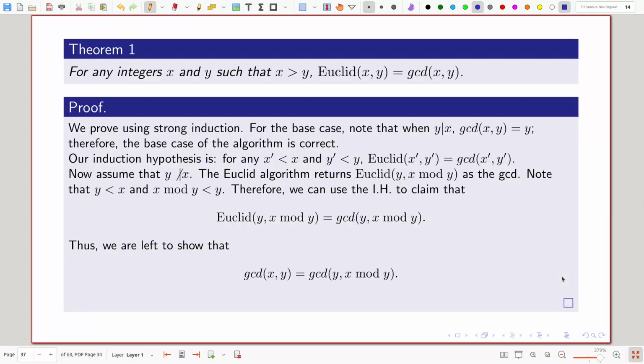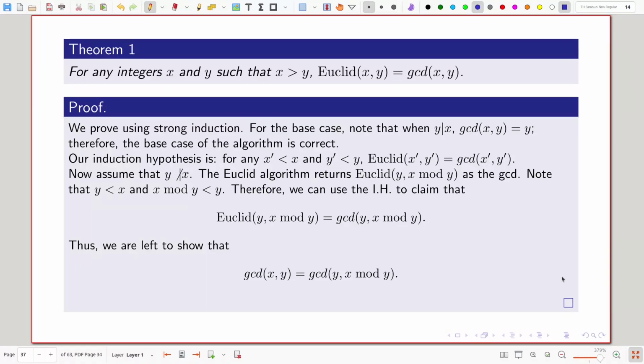Okay, and you can prove that if x is larger than y, Euclid(x, y) is going to be equal to GCD(x, y). I'm going to prove that really quickly. First of all, if y divides x, then GCD of x, y will be y. So in the best case, the algorithm is correct.